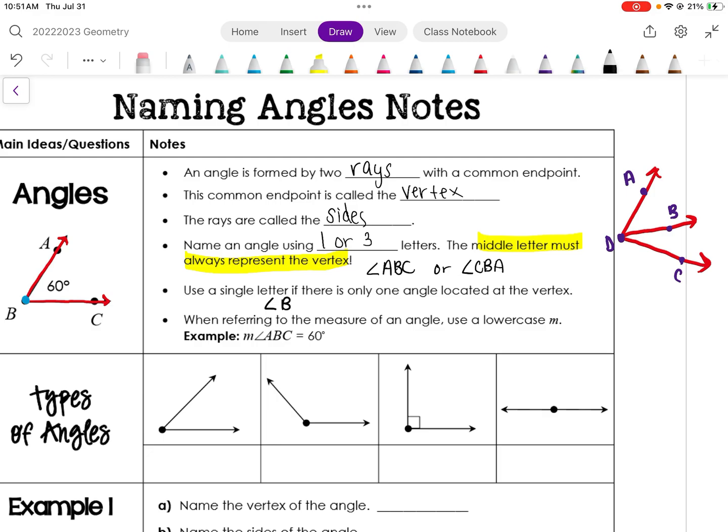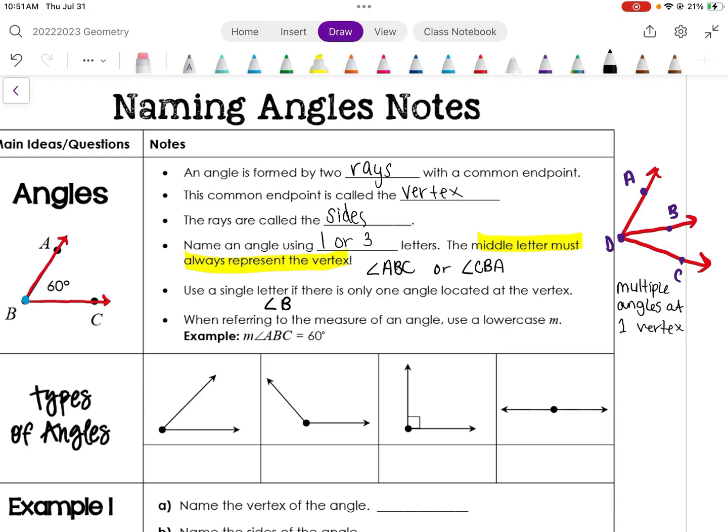This is one where you have to use 3 letters. This is multiple angles at one vertex. This is where you would have to use 3 letters.